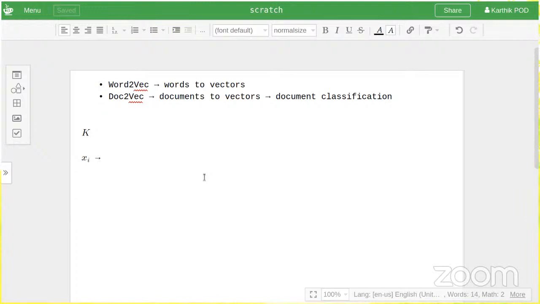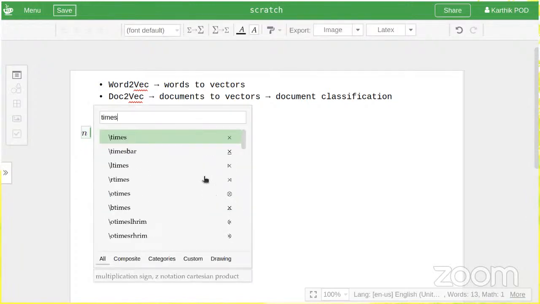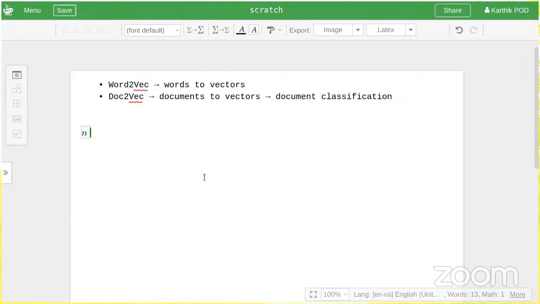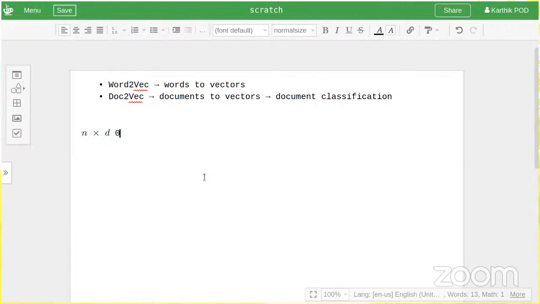So you're saying that you have to project those points on those k axes, right? Correct. Assume that you have n data points and d dimensions, so you have what is called a data matrix X, n by d.